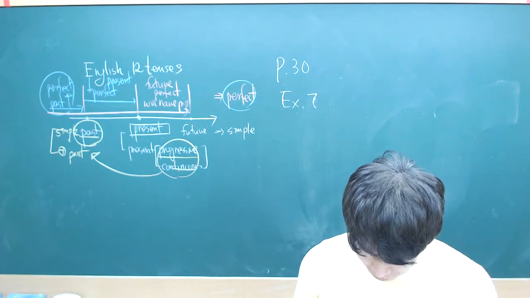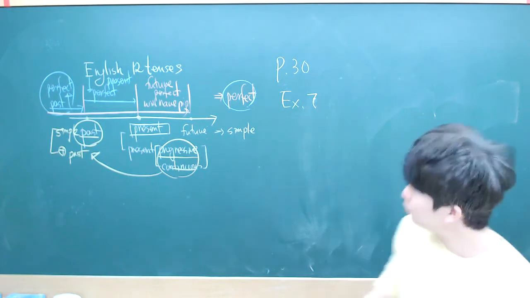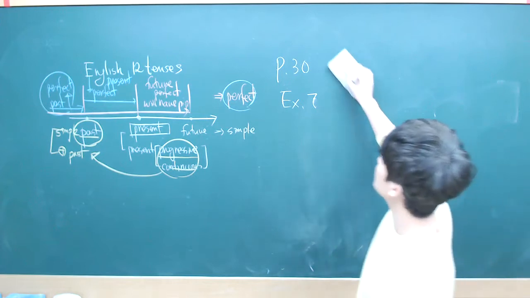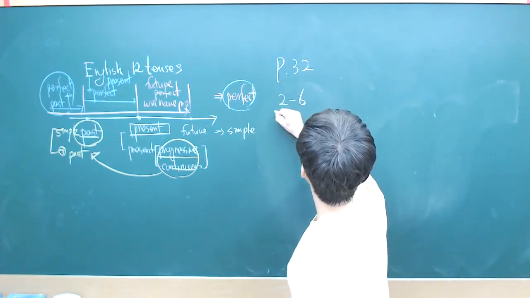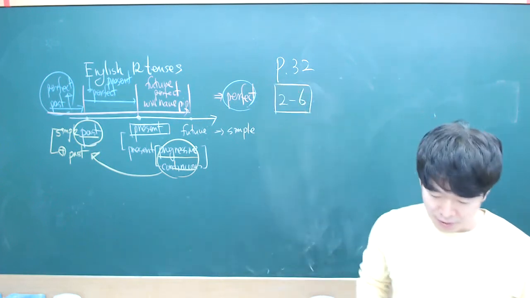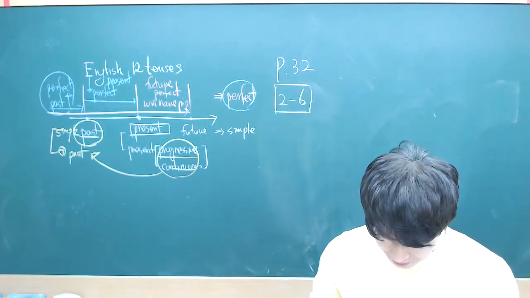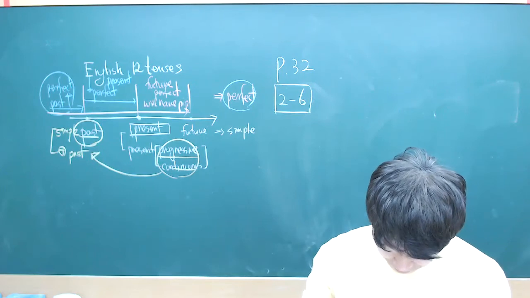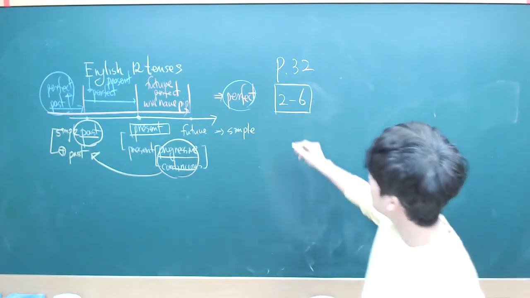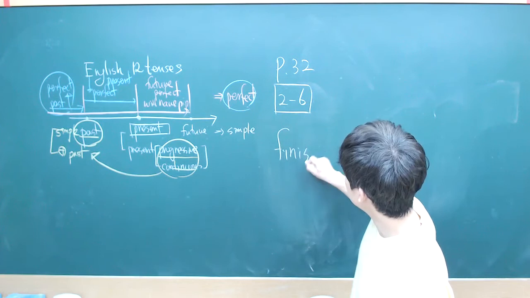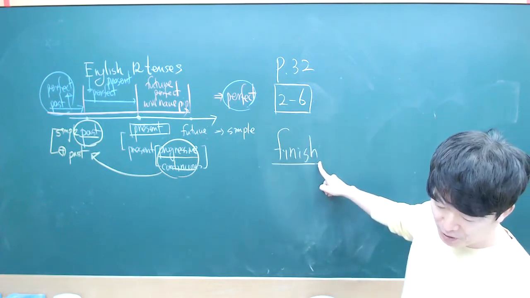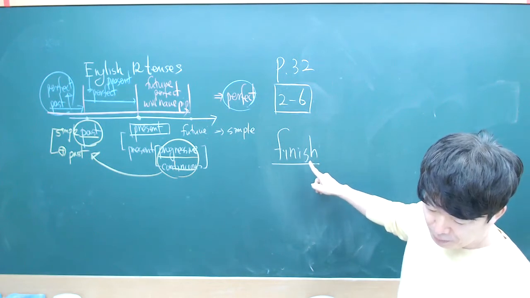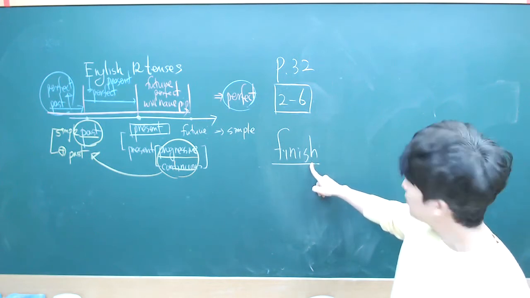Okay, let's move on to 2-6, page 32. The principal parts of a verb. Let's look at the first word, finish. This is the root form, or simple form, finish.